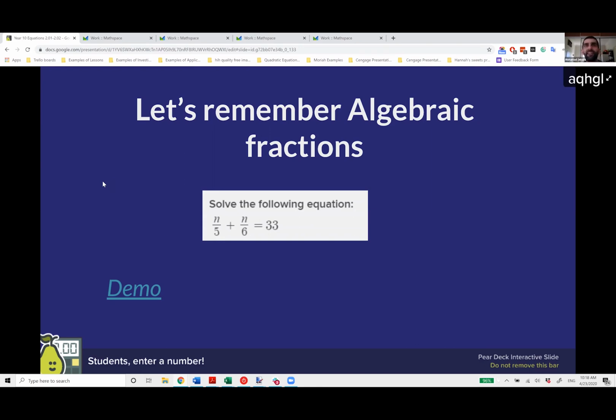Where the speedsters at? We got a speedster. n equals 90, maybe.